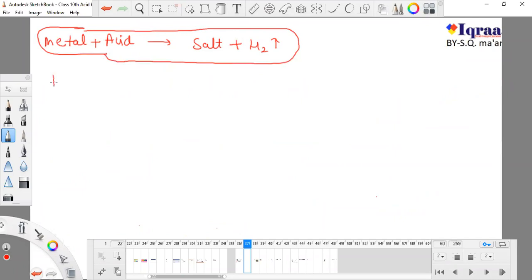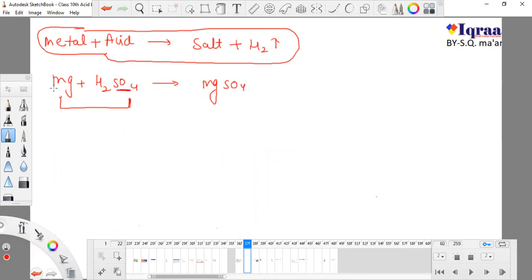I'm taking a random metal, magnesium, and I'm adding H2SO4 to this, so it will produce magnesium sulfate. Remember that this magnesium will go with this sulfate. SO4 is a sulfate.